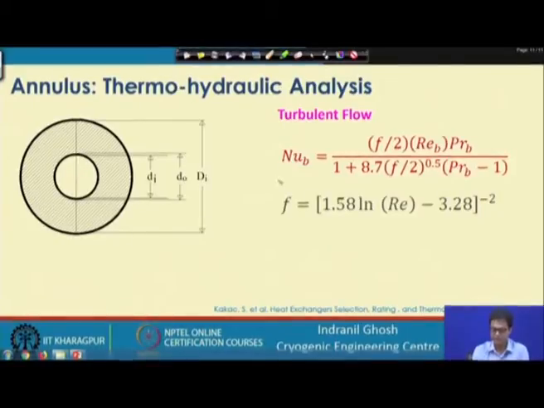But this is another heat transfer correlation which can be used either for the inner tube or for the annular space with the appropriate hydraulic diameter. And here this is related to the friction factor given by this 1.58 ln Re, etc. So, we will make use of these correlations while solving the numerical problem.